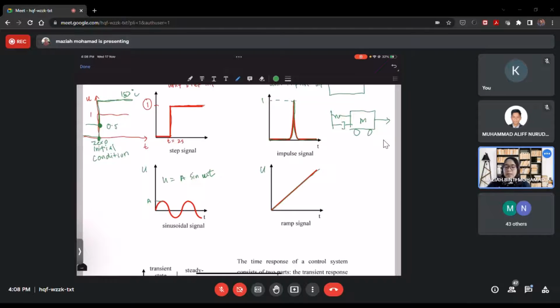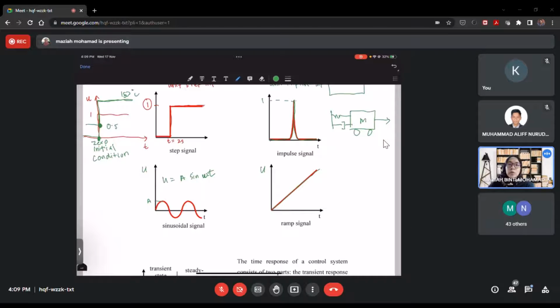So you can see the input keeps increasing with time. The example for ramp input is when an aeroplane takes off. The input is increasing with time, so the aeroplane needs to respond to that kind of input.